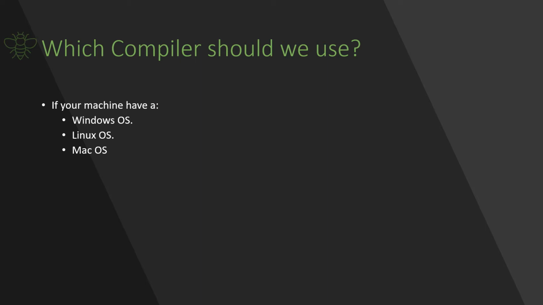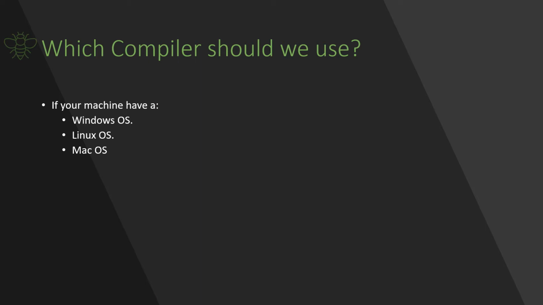If you are a Linux user or a Mac user, there is no requirement of installing any compiler, because the GCC compiler is already installed in Linux OS. You need to install only Visual Studio Code to run your C programs.